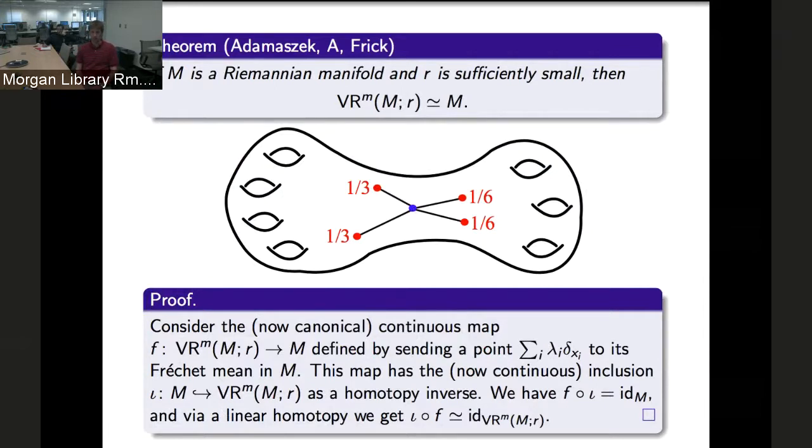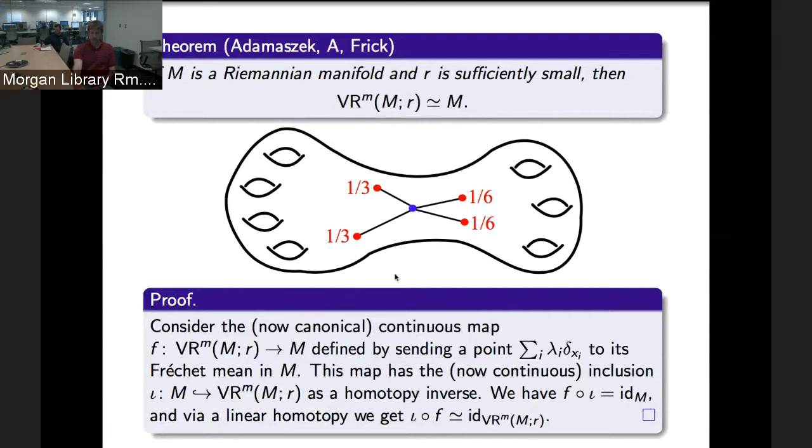So we show that this map has a homotopy inverse, which is the inclusion map from the manifold going back. Each point in the manifold maps to the corresponding Dirac delta measure. And this map is now continuous. So we have two compositions we can consider. If we start with the manifold, include it under iota, and then take the Frechet mean, that's not doing anything. So that's just the identity map on the nose.